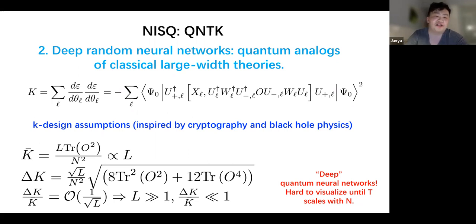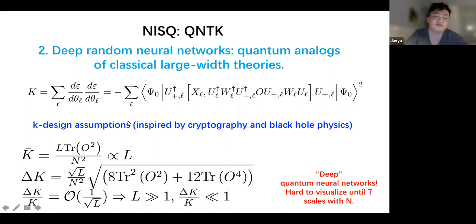However, you could already notice that there is potentially a drawback of the theory, which is that n is the dimension of the Hilbert space, which is supposed to be large. And if you consider O as a Pauli operator, then the trace of O squared is also n. So this expression is proportional to L divided by n.